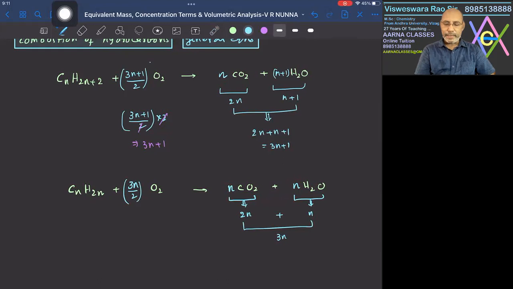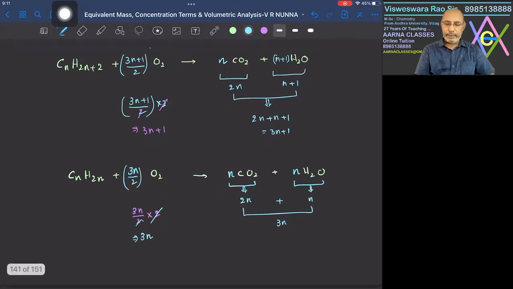Once I write 3N by 2 multiplied with this 2, the 2 gets cancelled, and you get 3N oxygen atoms. So you balance the oxygen atoms, and everything is balanced, left hand side and right hand side.